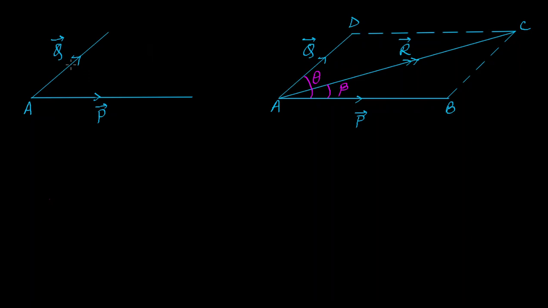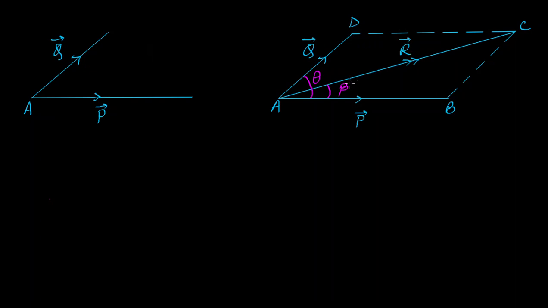So if I can represent these two vectors by the adjacent sides of a parallelogram, then the diagonal drawn from that same point will represent the resultant in magnitude and direction.